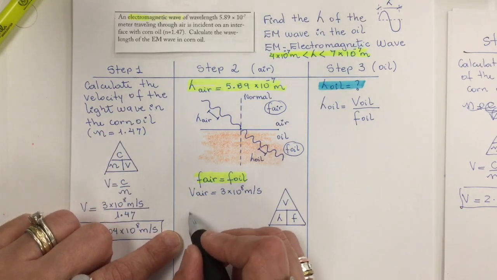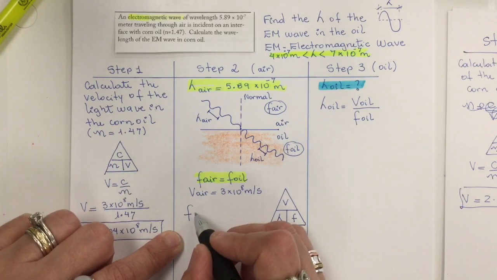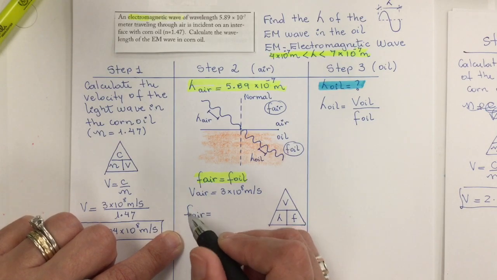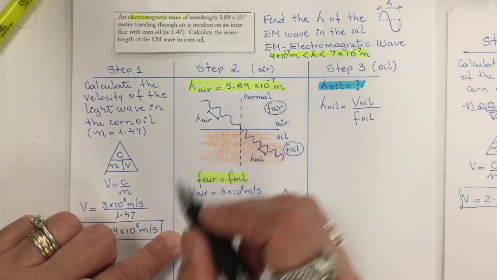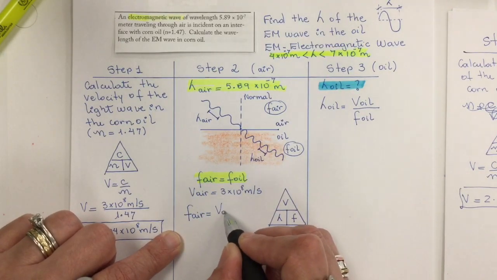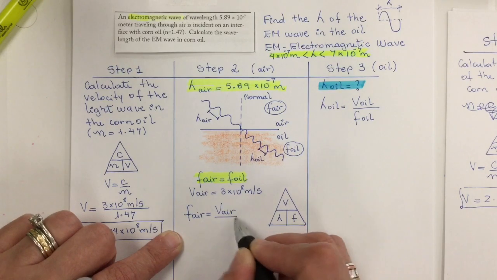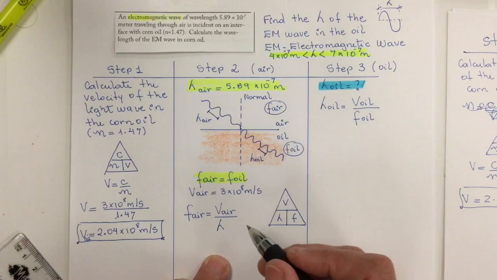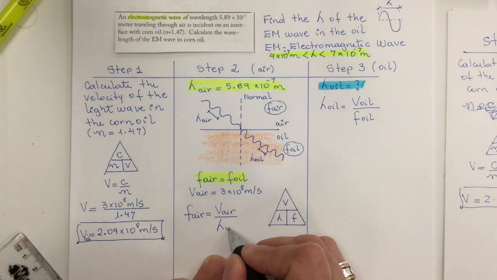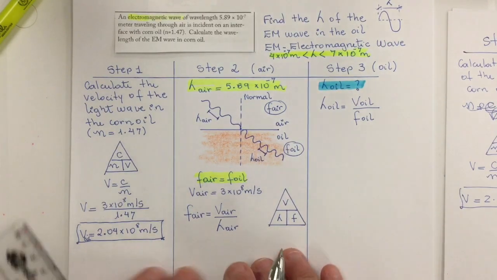The speed of this light in the air is the velocity of this light wave in the air over the wavelength of this light wave in the air, and I have all the information.